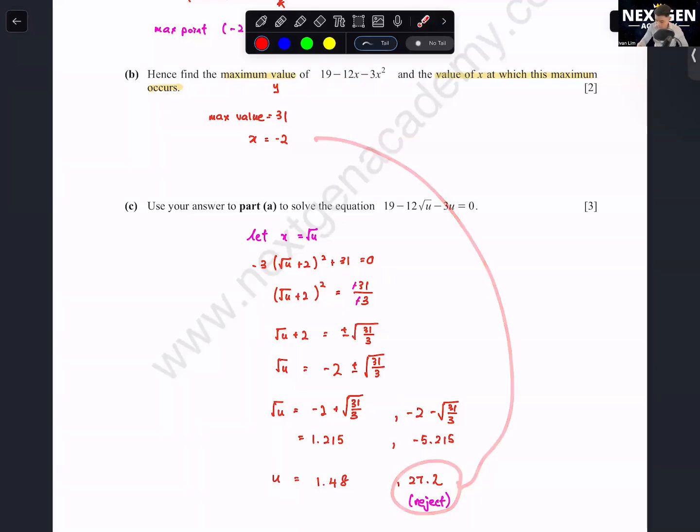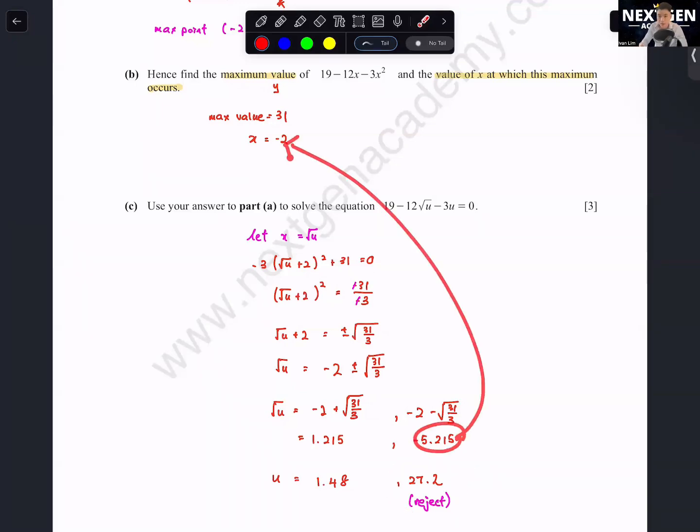When we go back to the original one, because when I square and then square root it, I will get back to the original, but this one I need to consider plus and minus. Understand? When we reverse the process of square to square root, you will need plus and minus, and the value of this is bigger than 2. It means one is positive 5.215, the other will be negative 5.215.